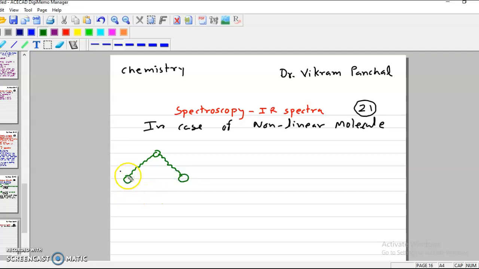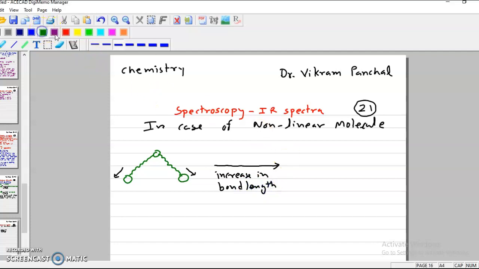Here this is non-linear molecule. Now if the end atoms move away from central atom, again there will be increase in bond length without changing bond angle.